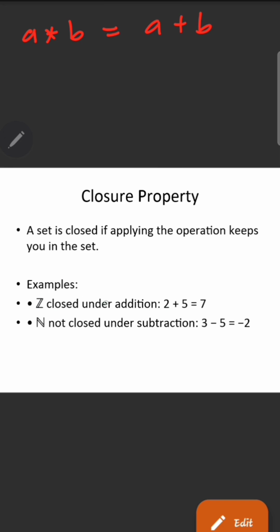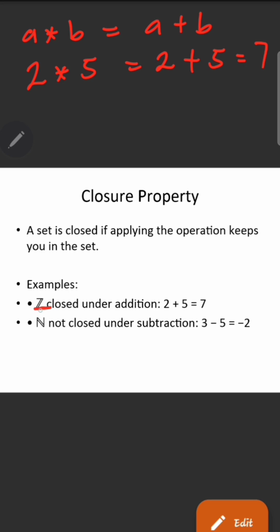Z is closed under addition. So when you are given 2 operation 5, according to the definition of this operation, it is supposed to give us what? 2 plus 5. That is what? 7.